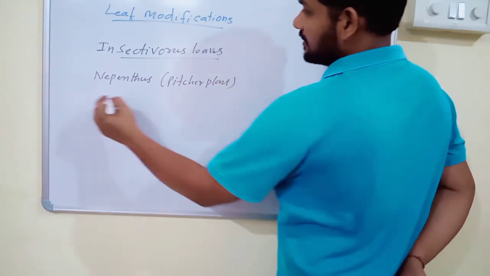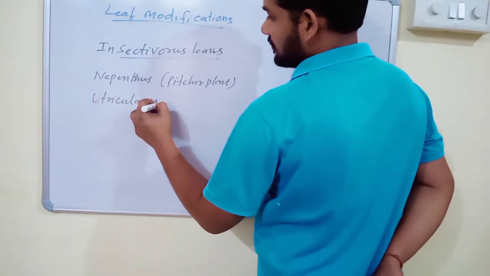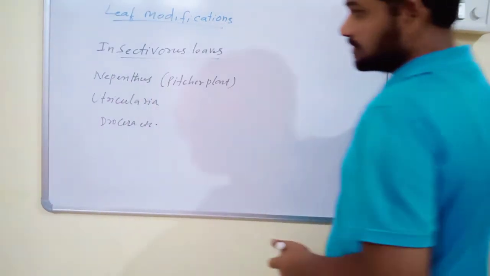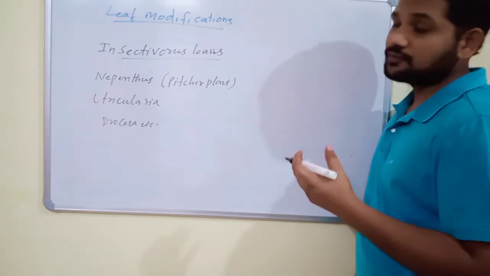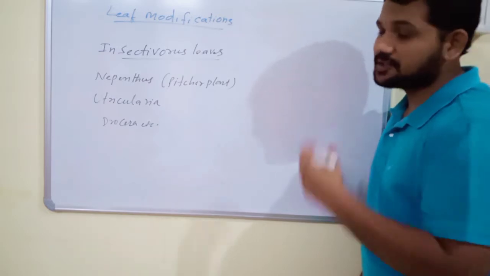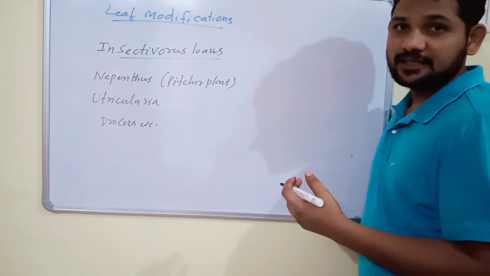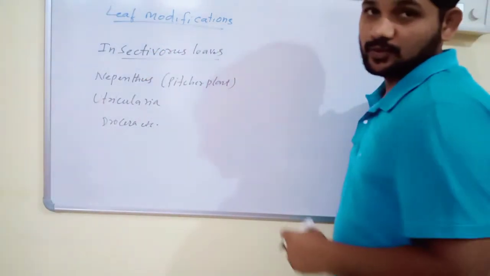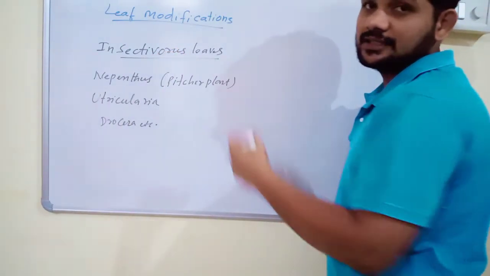Some examples: Nepenthes, Utricularia, Drosera, etc. These plants are usually unable to absorb useful forms of nitrogen, and in such conditions the leaves of these plants trap insects, and they digest them and assimilate the nitrogen from insect proteins. They trap the insects, hence they are called insectivorous or trap leaves.